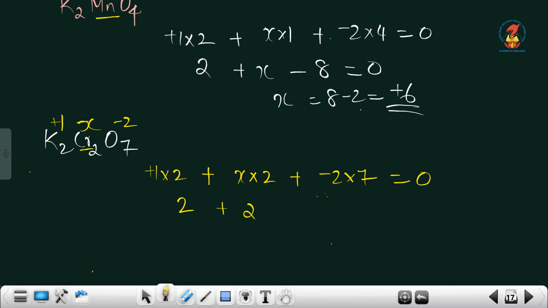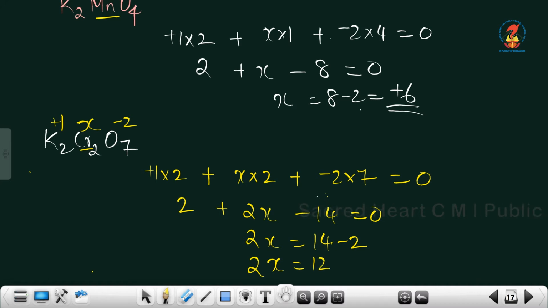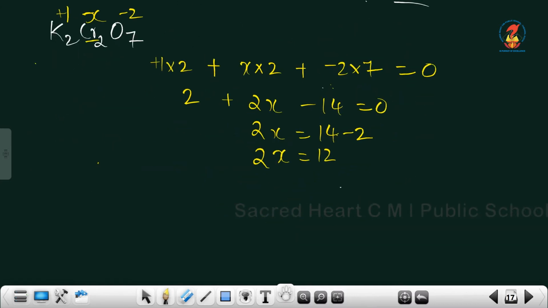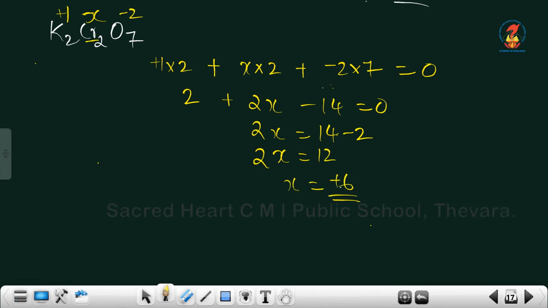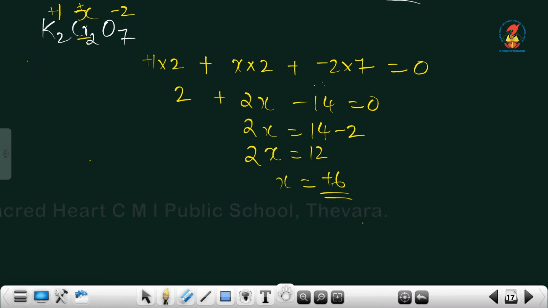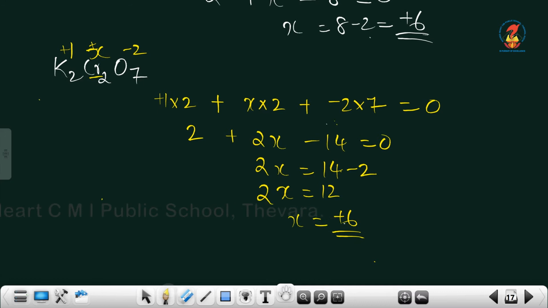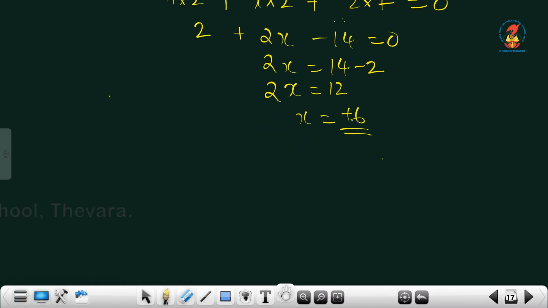So 2 plus 2x minus 14 equal to 0. So 2x equal to 14 minus 2. So x equal to 12, so x equal to plus 6. So what is the oxidation state of chromium we are getting? Plus 6.